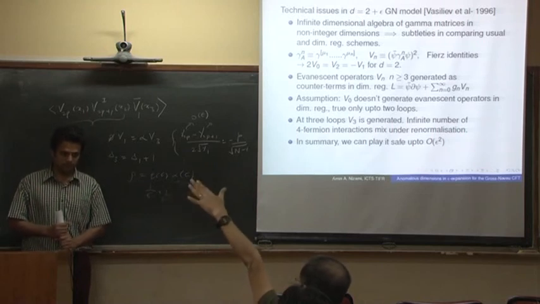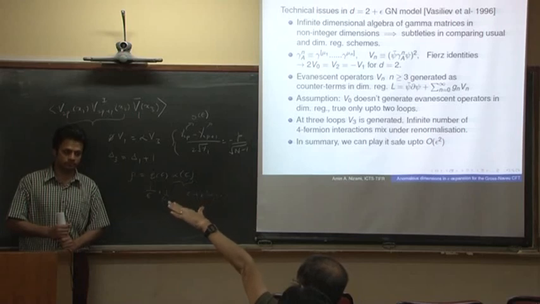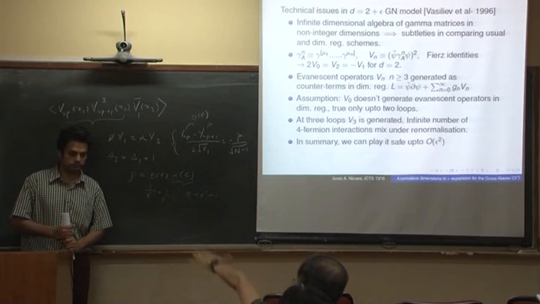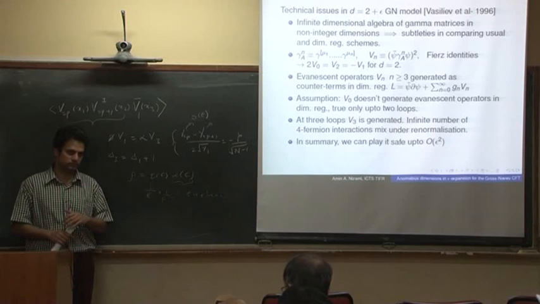Of course, for anything greater than 2, that was an irrelevant operator here, and presumably it will remain an irrelevant operator here. So I just tag it all the way.